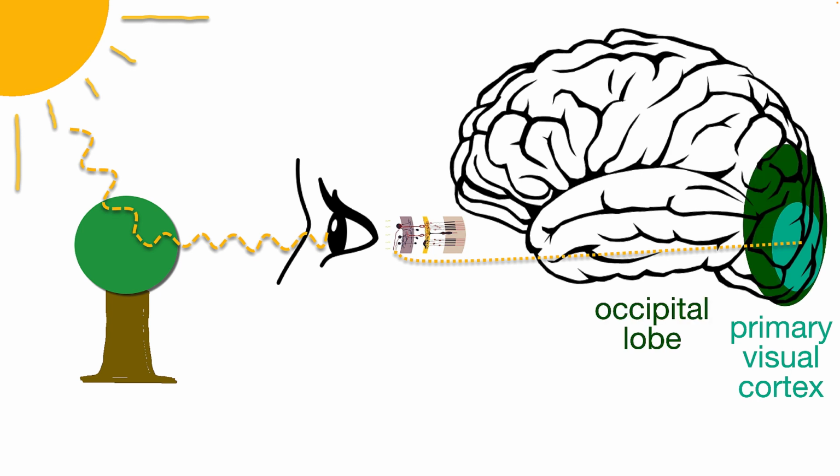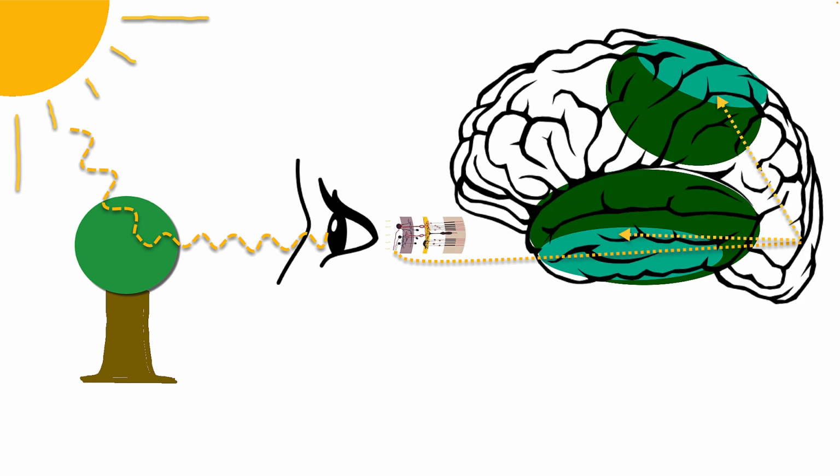A lot of processing of the visual information happens in this part of the brain, but it doesn't stop here. After some processing in the primary visual cortex and the rest of the occipital lobe, the information gets processed further by other areas of the brain. The further along we go with visual processing, the more we can make sense of and use that visual information.